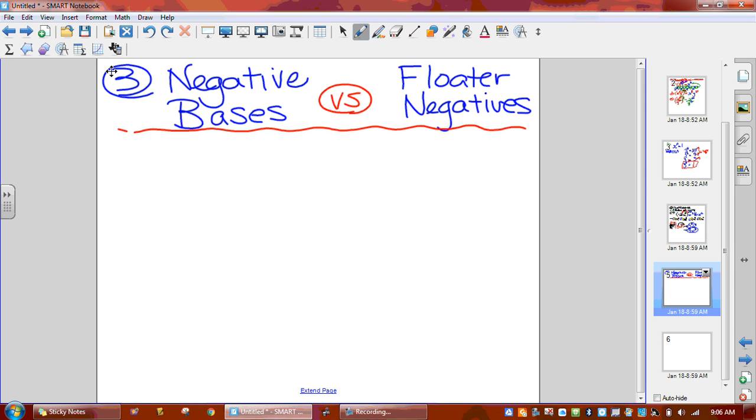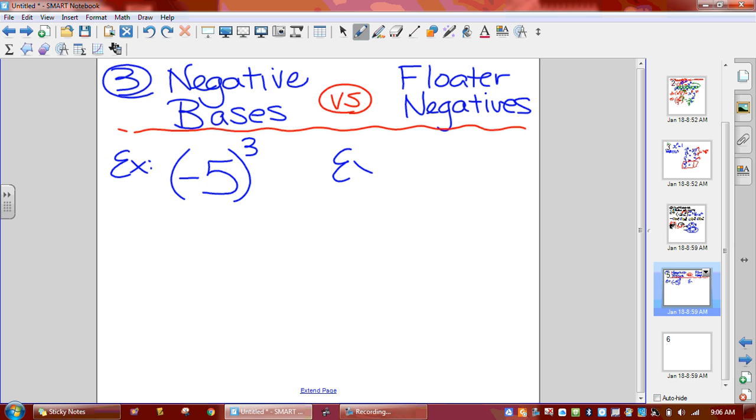So I'm going to give an example of a negative base. (-5) exponent 3. That would be considered a negative base. And a floater negative, -5 exponent 3. So what do you notice about the floater negative versus the negative base?